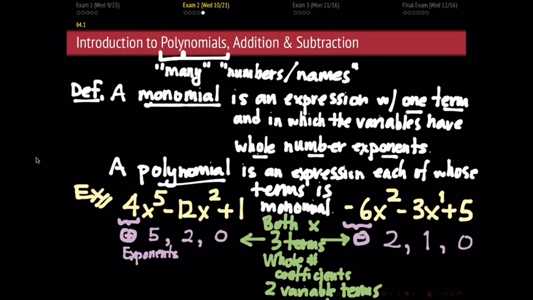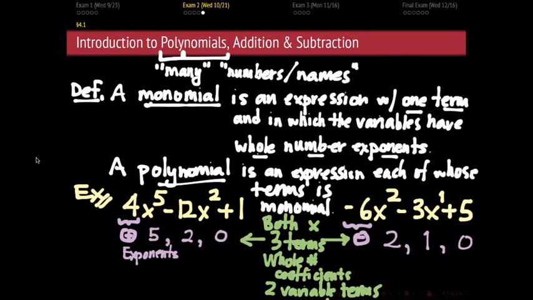So here's the only other really important definition when it comes to polynomials. Why might I want to zero in on this coefficient? The coefficient in front of the x to the fifth on the first polynomial, and in front of the x squared on the second polynomial. Why is that term somehow more important than the other terms?